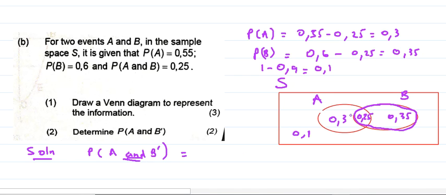So we end up with the B complement being just that section there, and that's B complement. So the answer for this is 0.3. Okay.